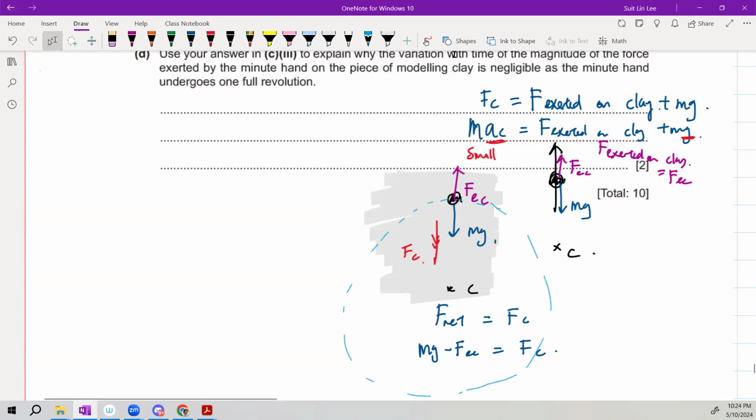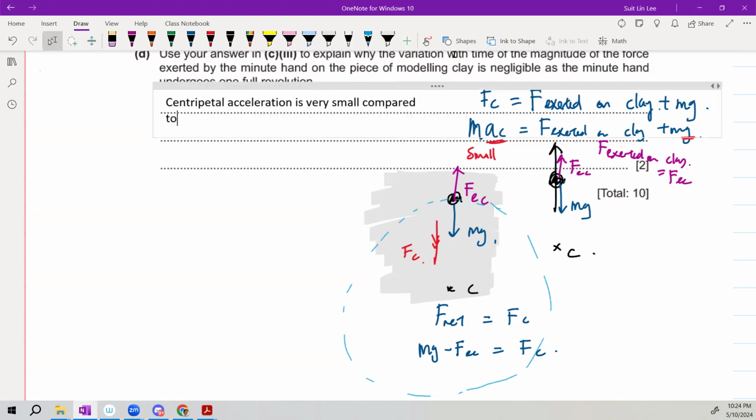Okay. So centripetal acceleration is very small or almost negligible compared to the acceleration of free fall.